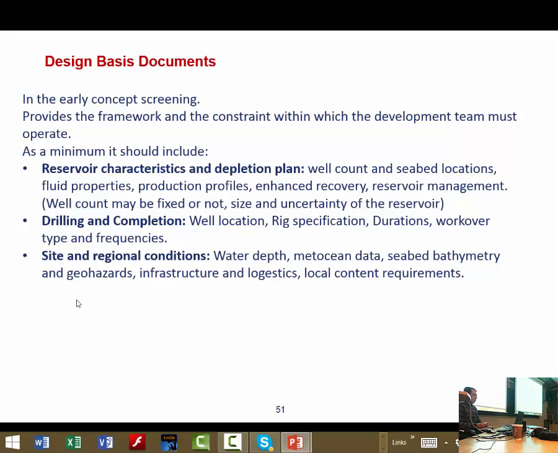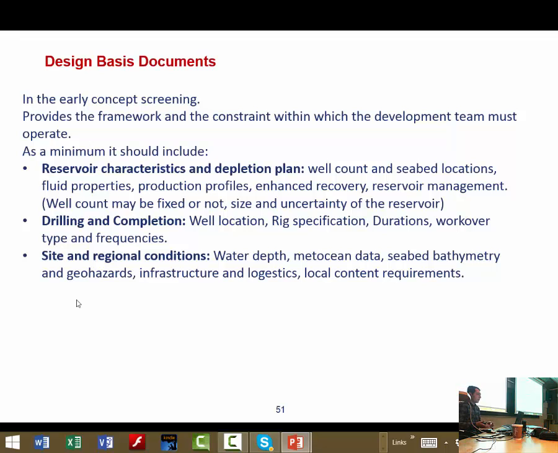So, one of the documents we mentioned we have to make in the beginning of concept screening and concept selection is the design basis document. In fact, this document provides the framework and the constraints within which the development team must operate.